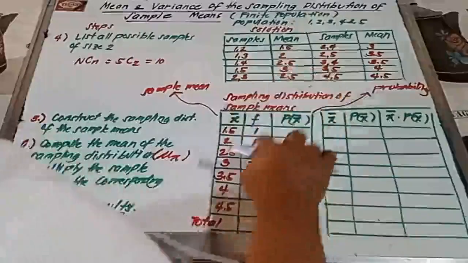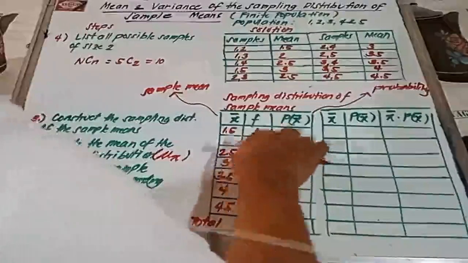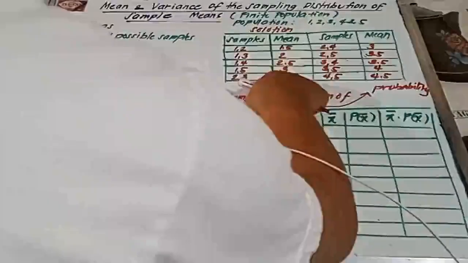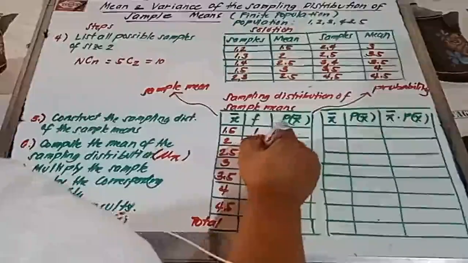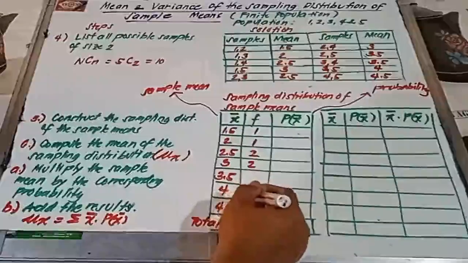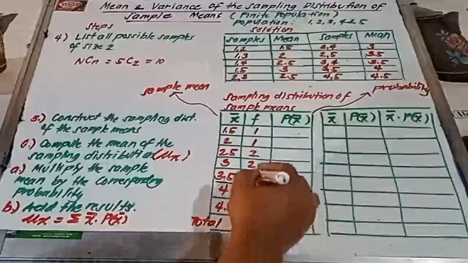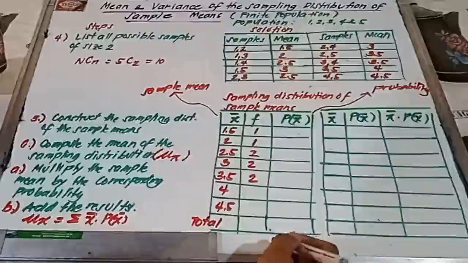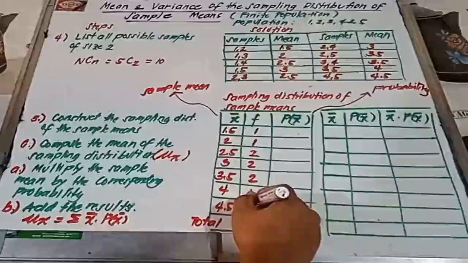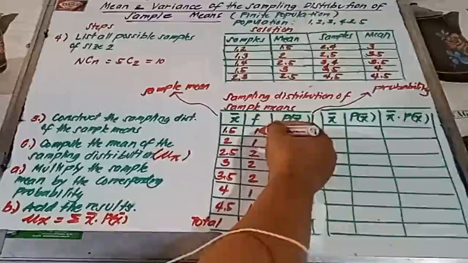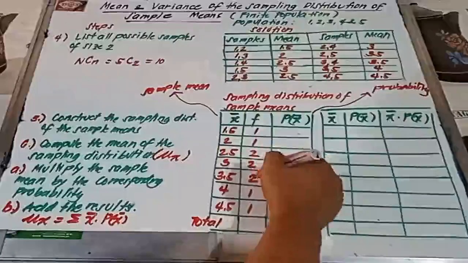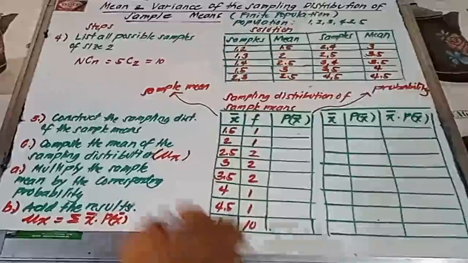Ang 4 natin ay isa. 4.5 natin ay isa. Ito natin total. 1 plus 1, 2, 4, 6, 8, 10. O, tama yung total natin.